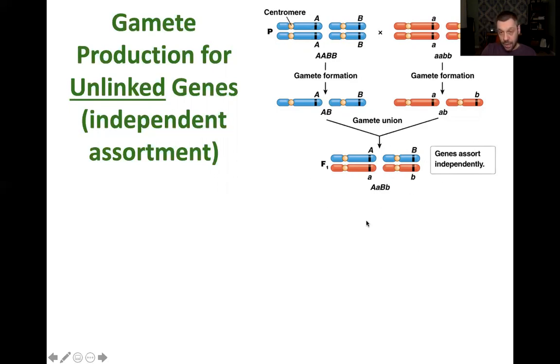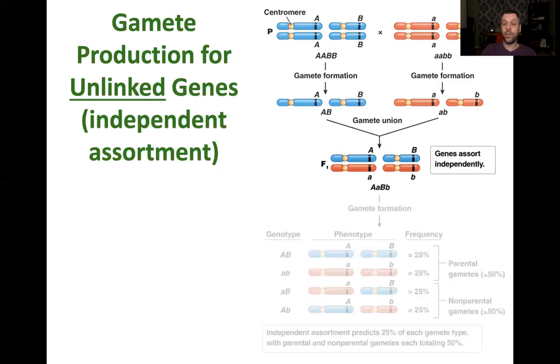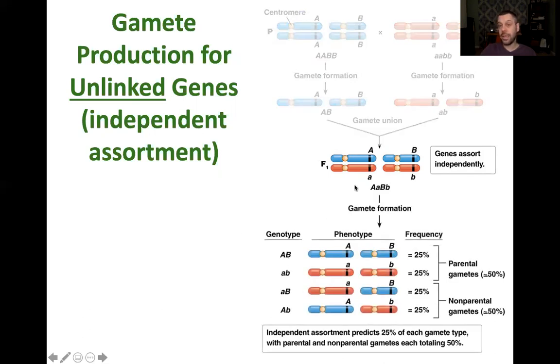If I was to ask you to write out what kind of gametes this individual would make if you crossed it to itself, what were the gametes of the F1? You would say, as we talked about earlier, every possible combination, in equal amounts. So 25% each: big A big B, big A little b, etc. So that's what you already know.